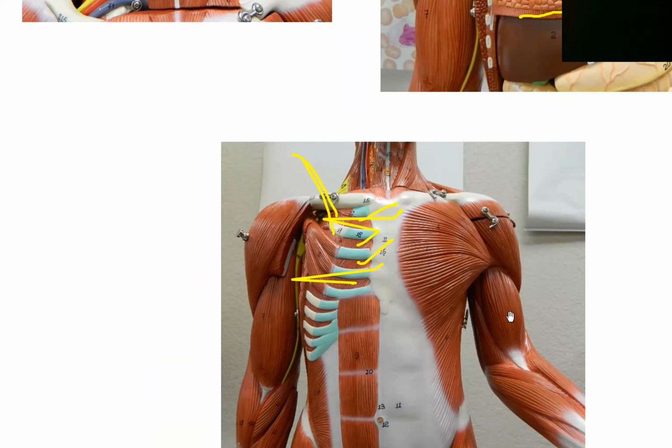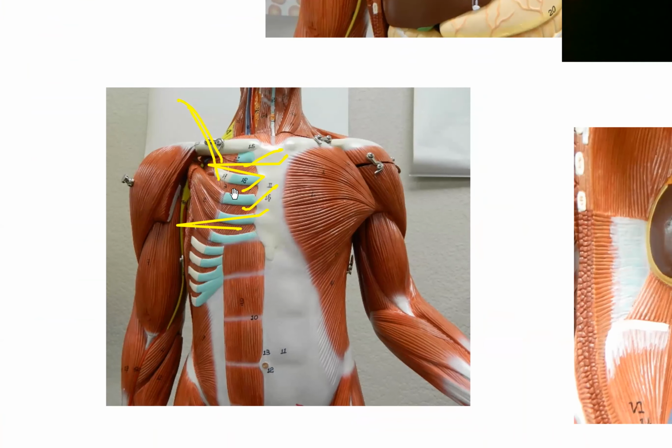So you can see the difference between the internal intercostals and the external intercostals. Hopefully you remember that that's the pectoralis minor, but this right here would be the external intercostal muscles.